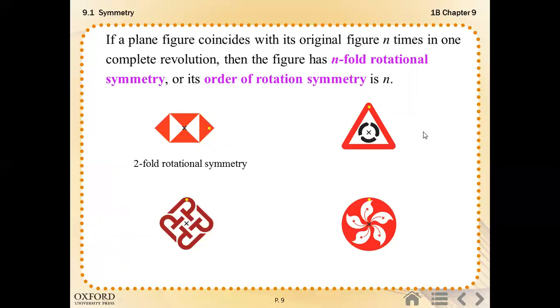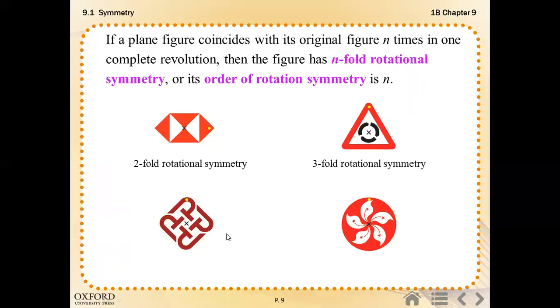The second picture, rotate it and form a complete revolution. You got the figure 3 times, so this is three-fold rotational symmetry.